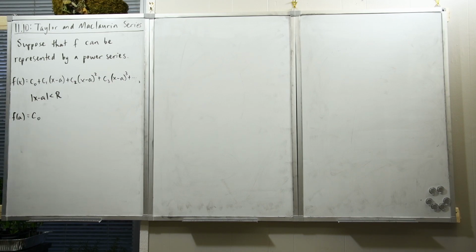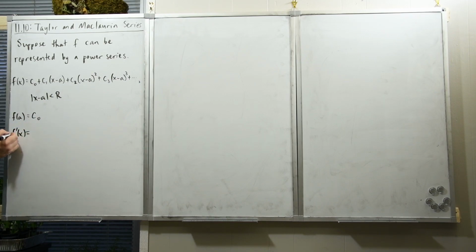And in fact, what we're going to do is think about what these other coefficients would have to look like. Now, if we think about what the other coefficients would have to look like, then we need to know something about c1, c2, c3, and so forth. And one way that we could get an idea as to what's going on with c1 is to take a look at f prime of x.